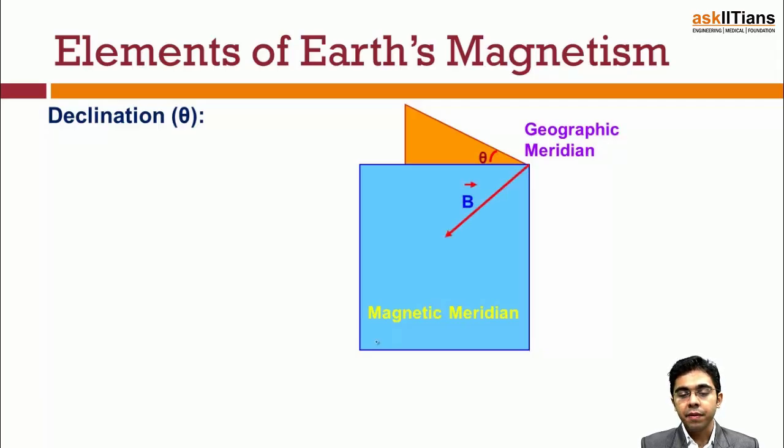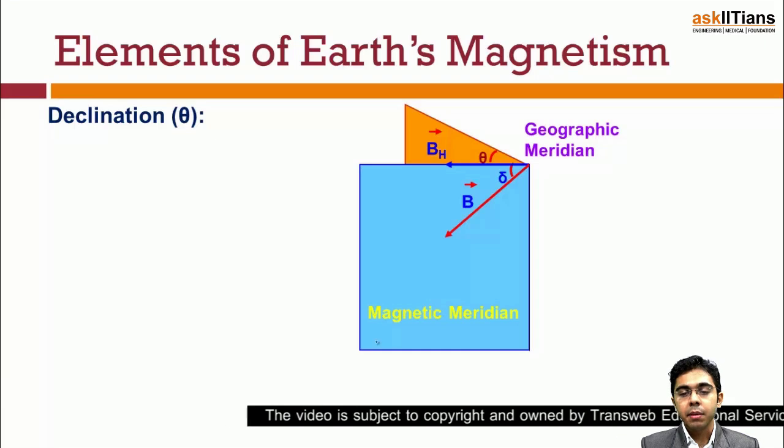Obviously the resultant of the magnetic field lies in the magnetic meridian. If the resultant magnetic field is B, it makes an angle with the horizontal line, which we call BH, the horizontal component.